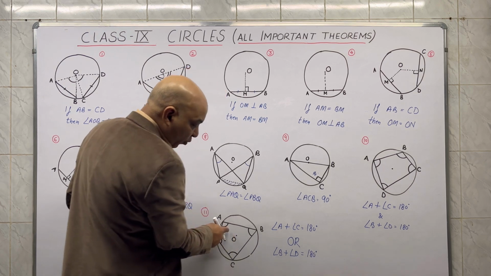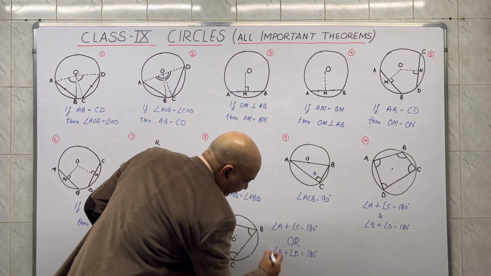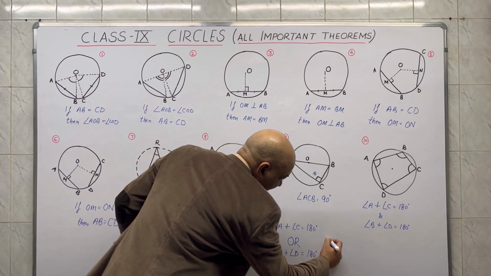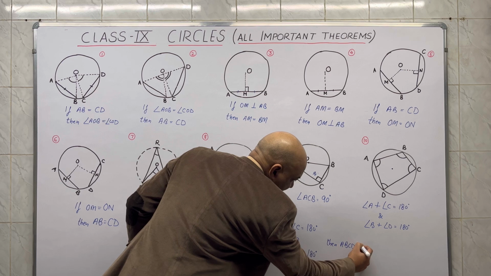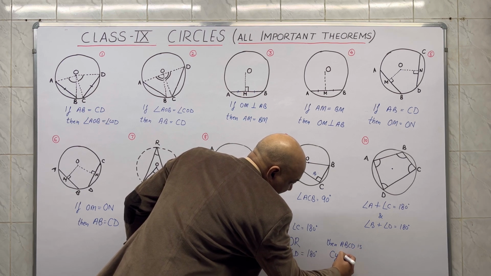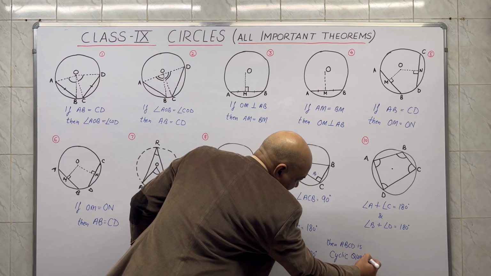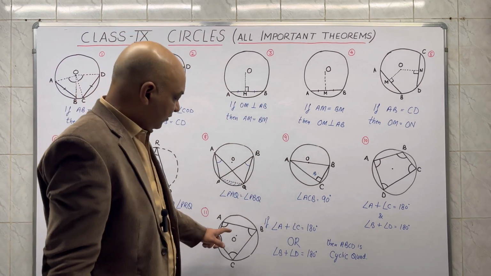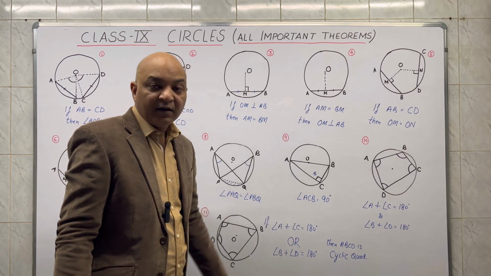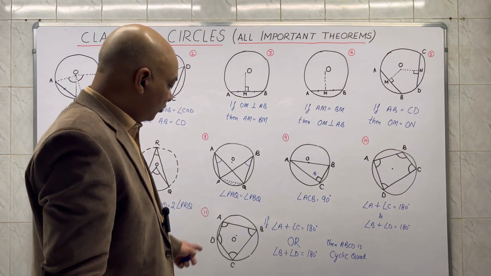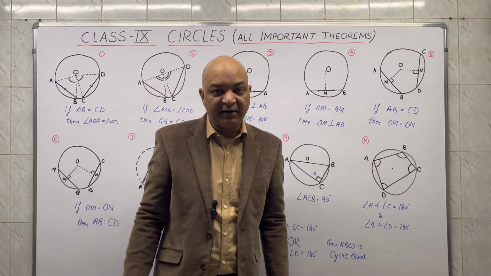If the sum of one of the pairs is 180 degrees, then ABCD must be cyclic. ABCD is cyclic. So you have to show any one pair of opposite angles' sum to be 180 degrees to show that ABCD is a cyclic quadrilateral.